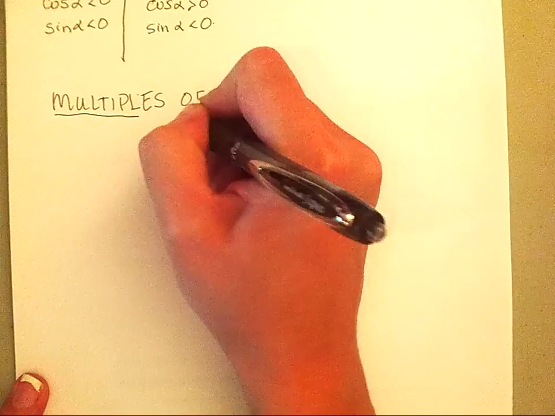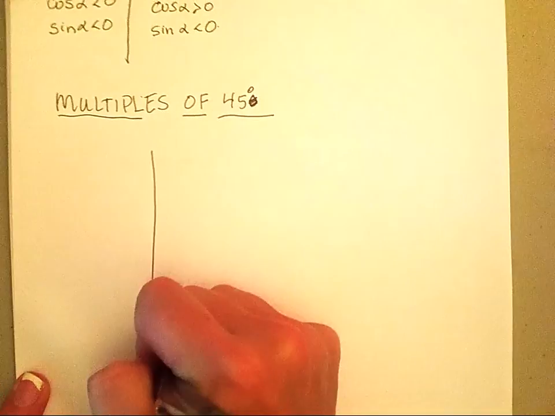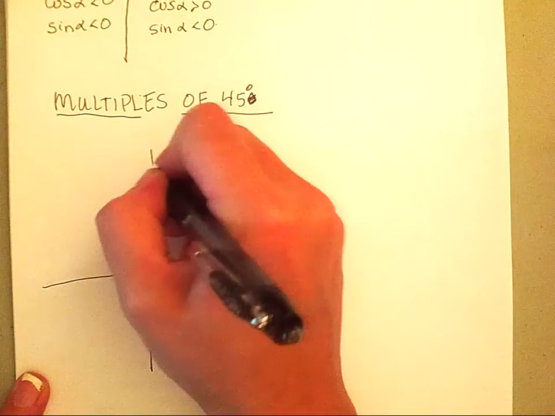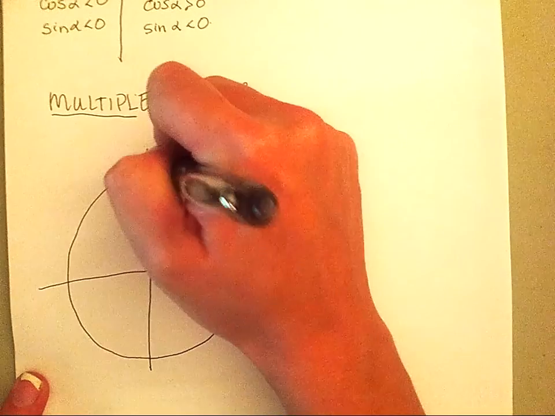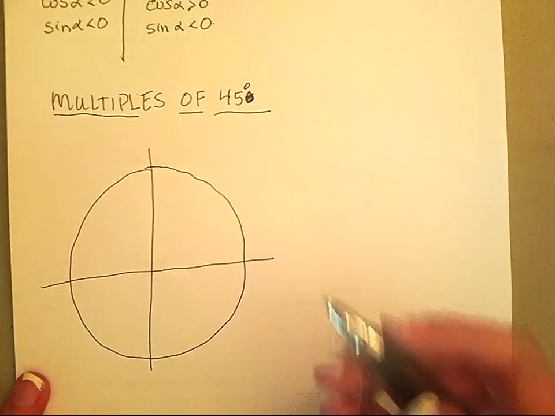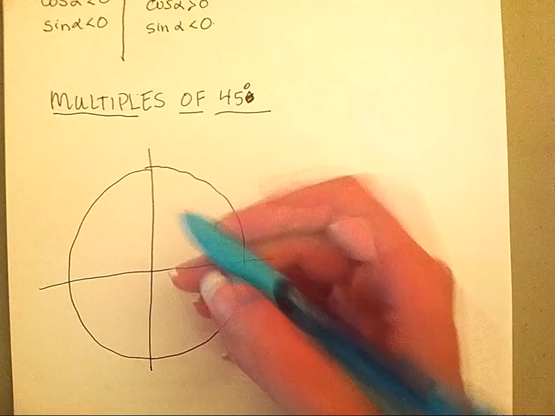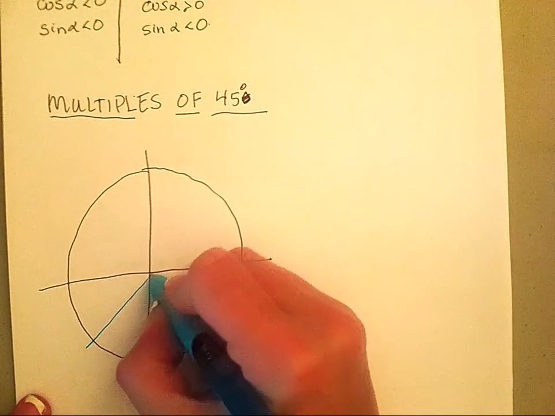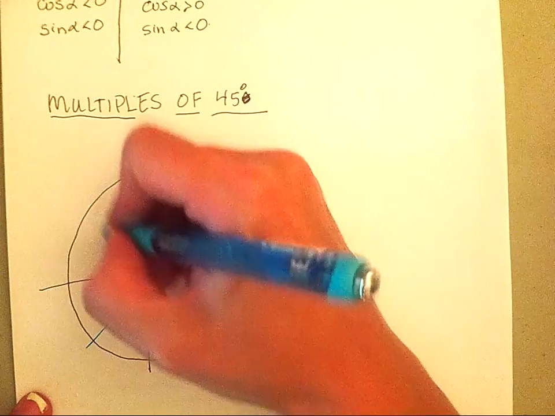Okay, so let's look at the multiples of 45 degrees. We did this yesterday. Okay, we said we could subdivide the circle by putting in the 45 degree angles here.